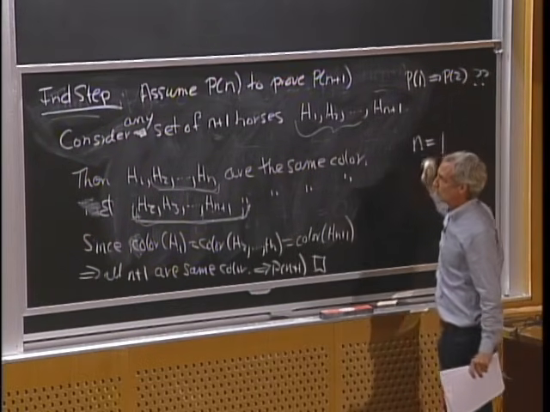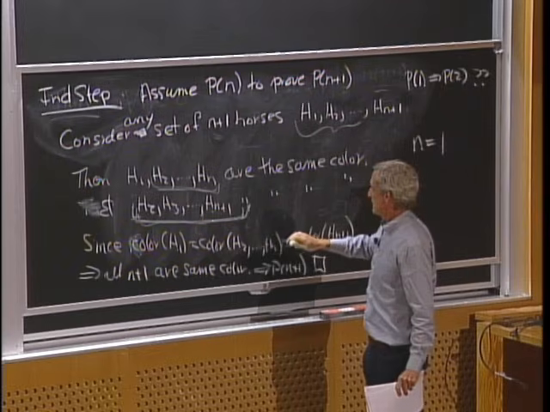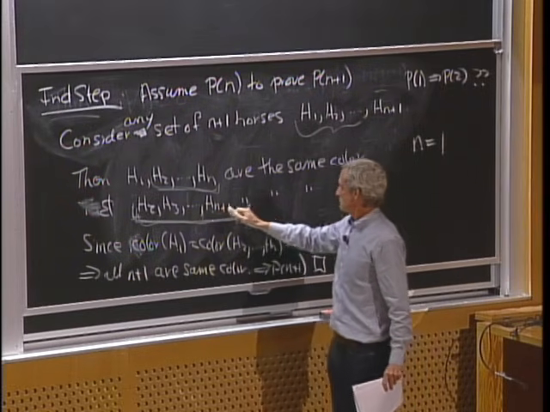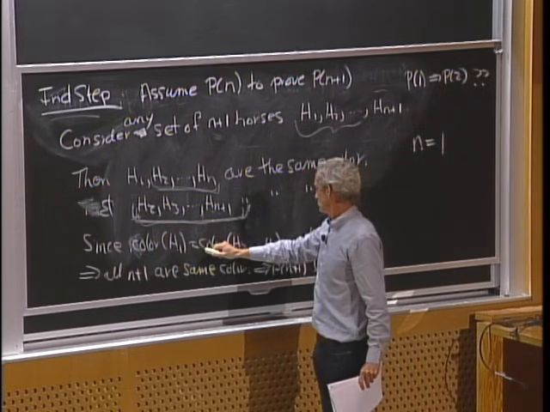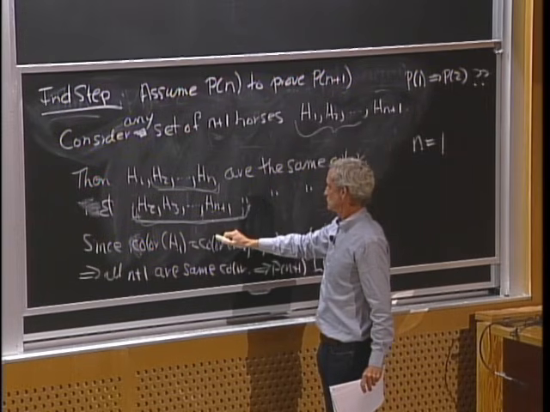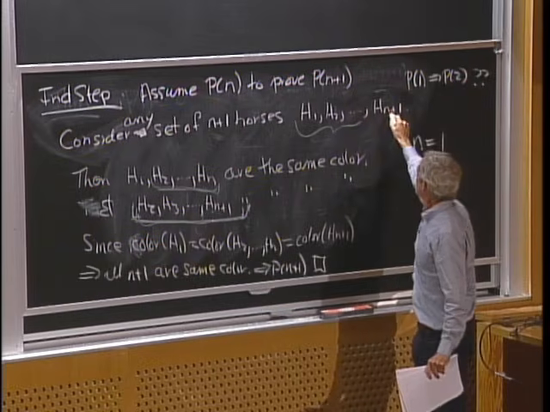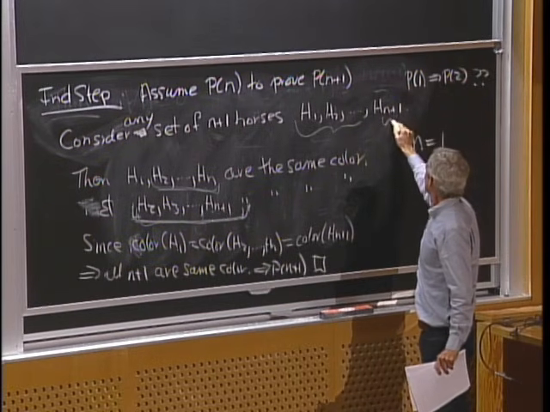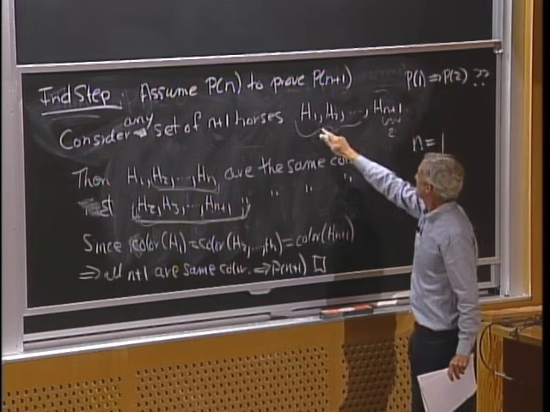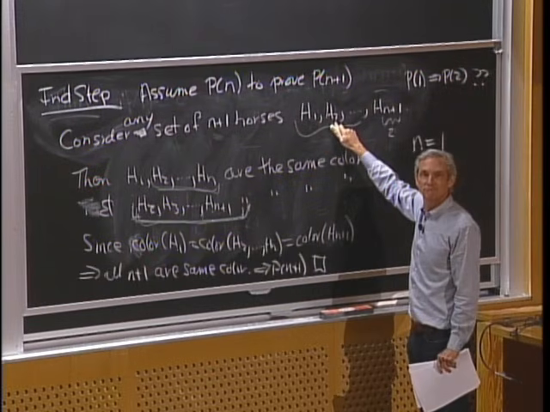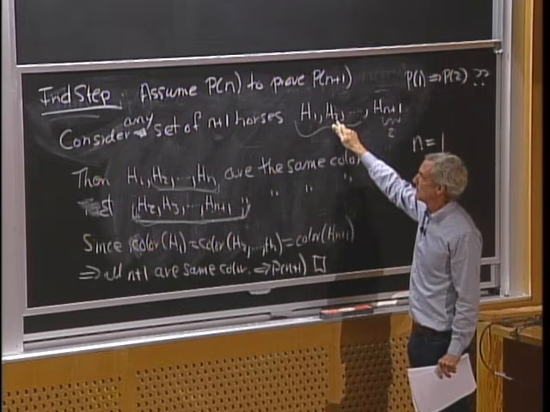Let's just double check that worked for n equals 1. N equals 1. I've got a set of 2 horses. This becomes 2. So I've got H1, H2. There's nothing in the dot, dot, dot. It's just H1 and H2.